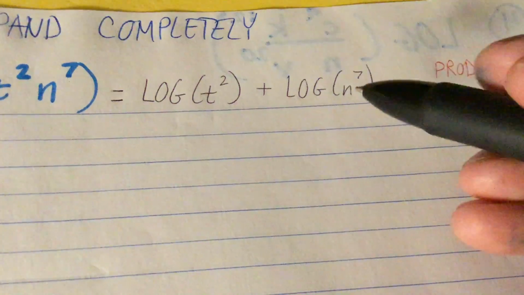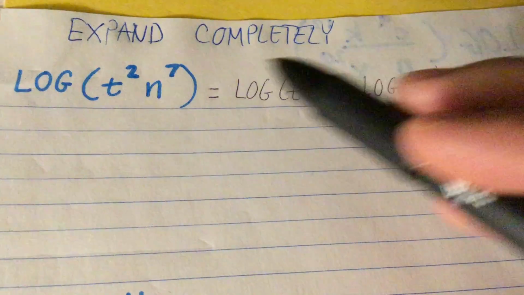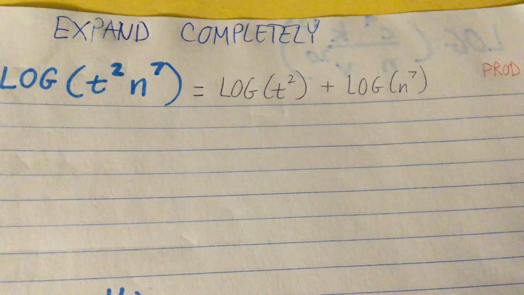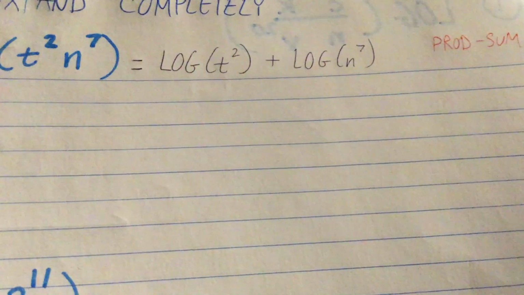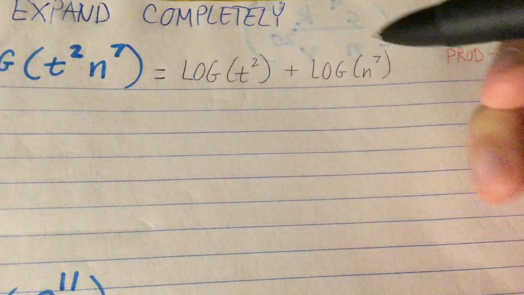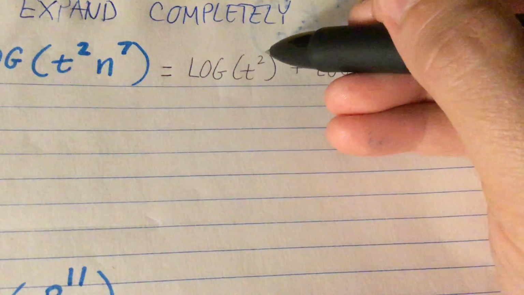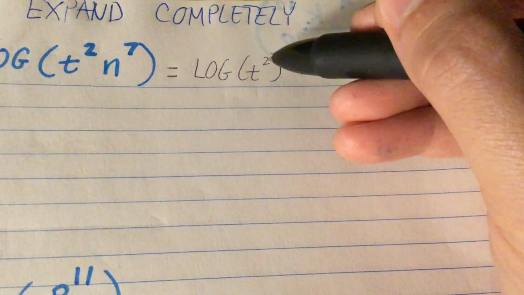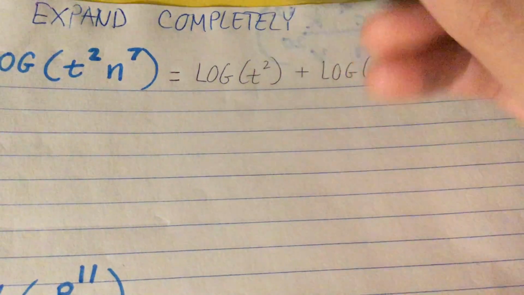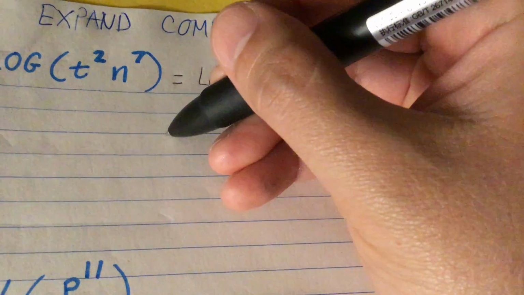So now I ask myself, is this completely expanded? Well, my next best trick, I notice that I have exponents inside of this logarithm. So the t squared makes the exponent fly to the front by using the power factor rule.